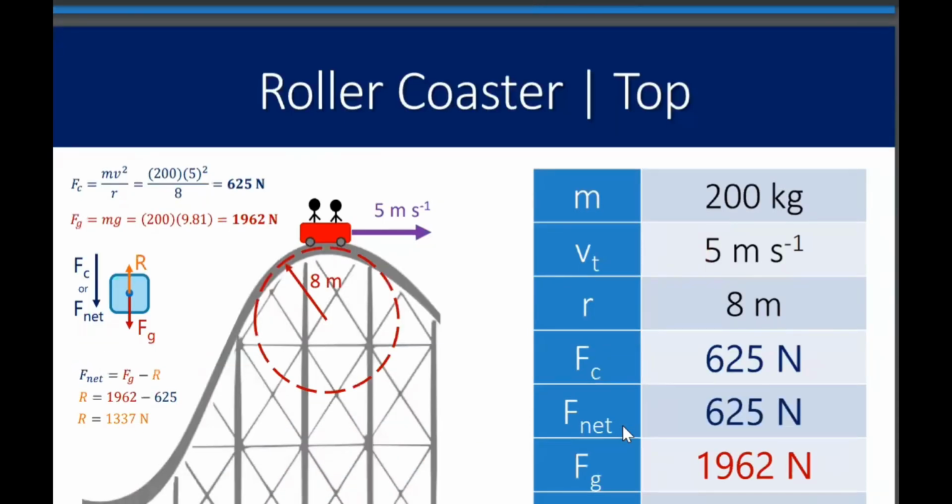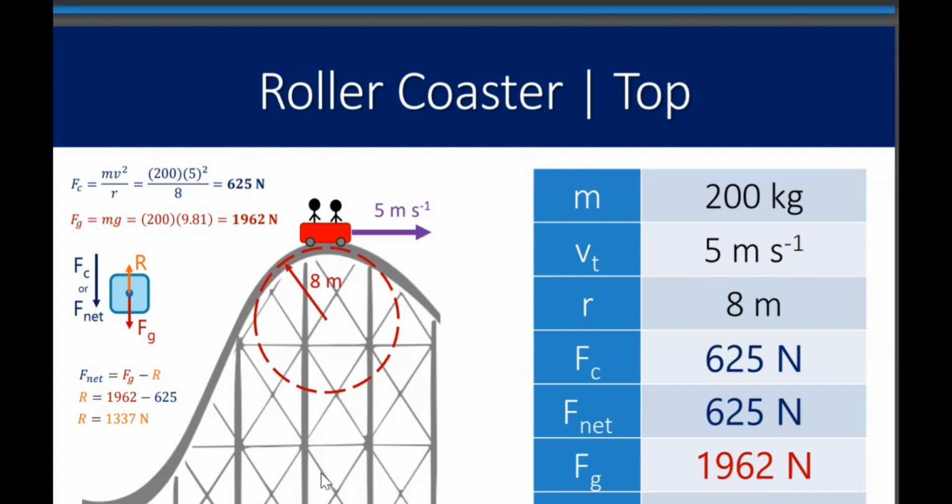Right? So at any point when the cart reaches the top here, so it's going down in a curve more than going up, then that means your weight is going down and your normal force is going up. And again, we minus them because they're going two different directions, and that gives you the net force, which is your centripetal force.